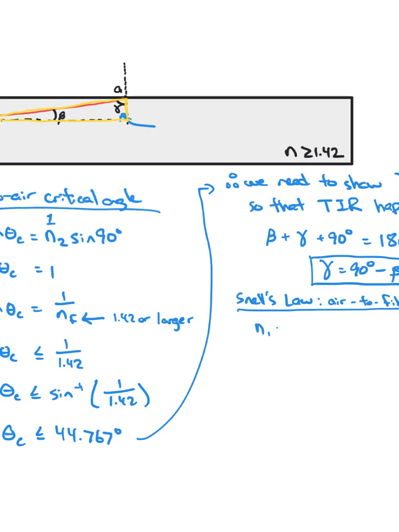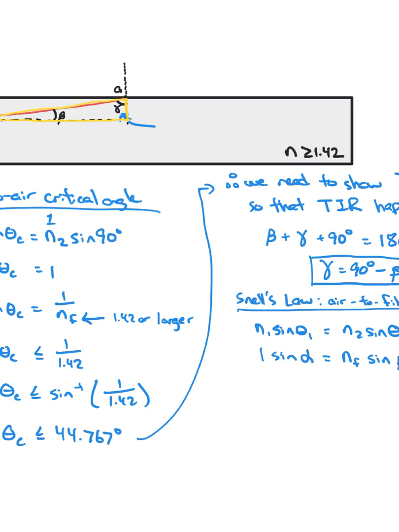We'll have n1 sine theta 1 equals n2 sine theta 2, Snell's law. On the left side, the index of refraction for air is 1. The angle of incidence has been labeled as alpha. On the refraction side, the index of refraction is at least 1.42, so I'm just going to write the index of the fiber for now times the sine of the angle of refraction, which they've labeled as beta.